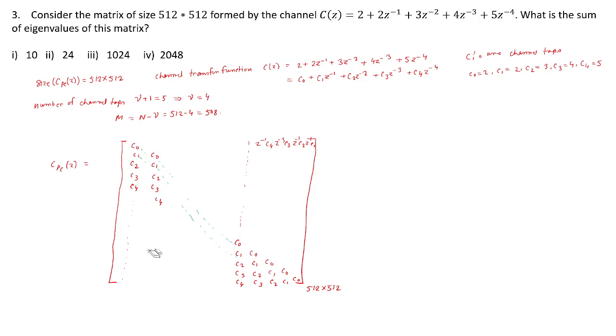Things are becoming a little messy here, but I hope you understand what's happening. If you consider the last column, it's Z inverse C2, Z inverse C3, Z inverse C4. You can draw a mark here also.